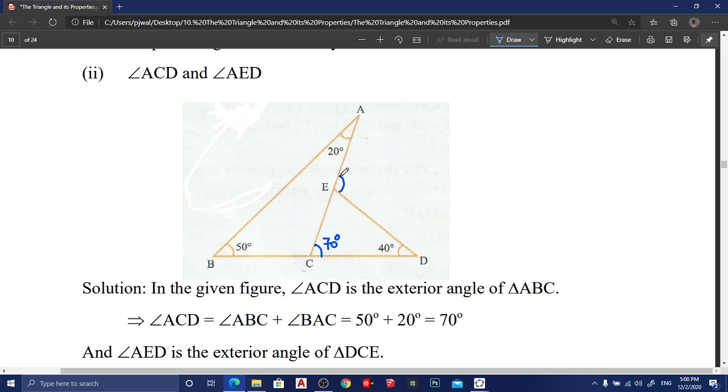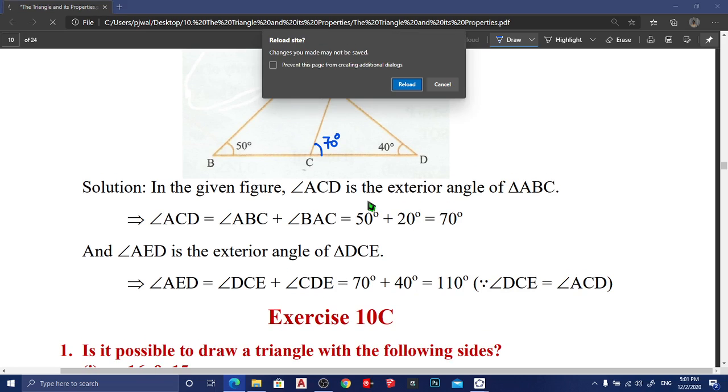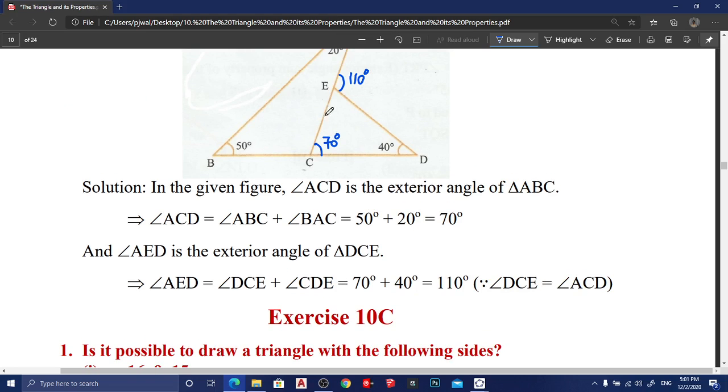You can find this by adding these two. 70 plus 40 is how much here? 110 degrees. In triangle DCE, angle AED is the exterior angle. So angle AED is equal to angle ECD plus angle CDE, which is 70 plus 40, equal to 110 degrees.